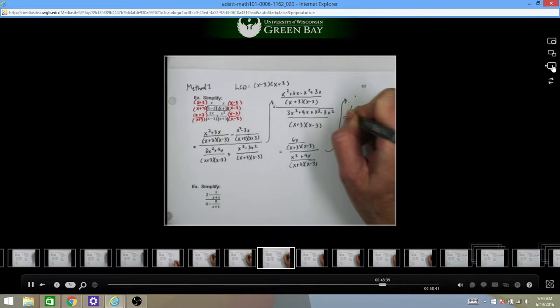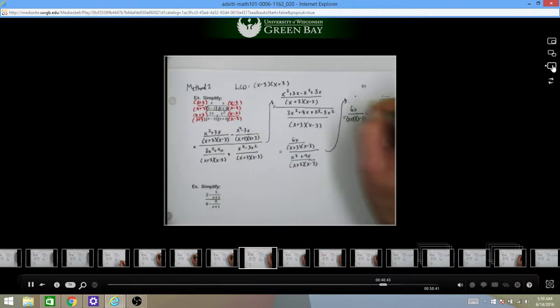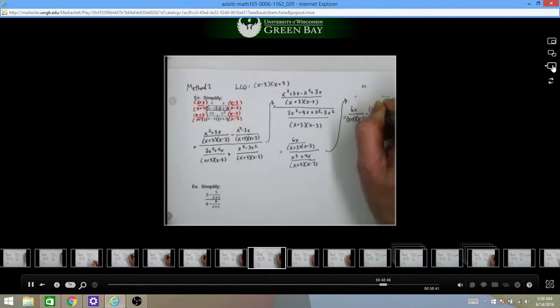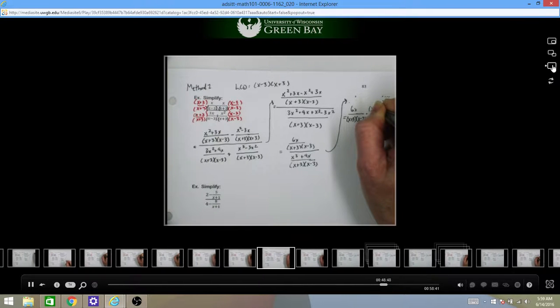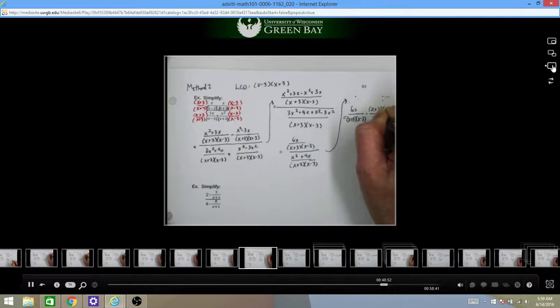And then flipping over the other fraction, we have x plus 3 times x minus 3 over x cubed plus 9x.